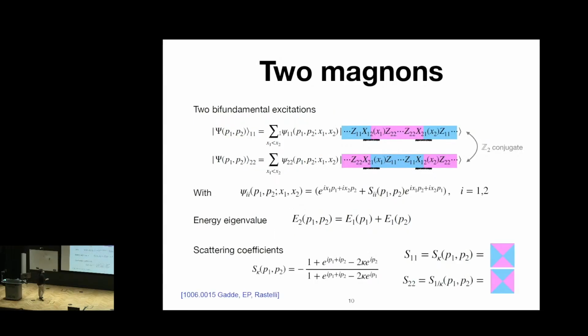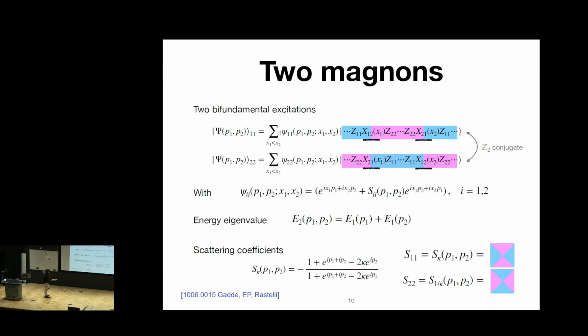Now, two magnons. Two magnons were also, this is my childhood, that's why I said now I feel old a little bit giving this talk. So there are again two eigenvectors, and this time we interpolate between one type of vacuum, we change to the other, and then we go back to the other one, and they are again Z2 conjugate to each other.